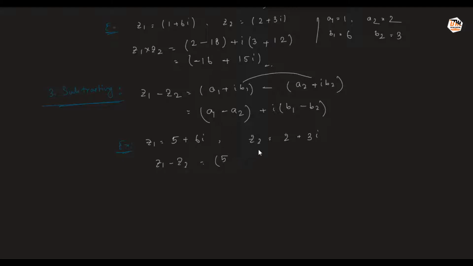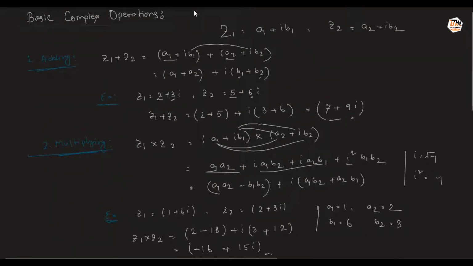Here a1 is 5 and a2 is 2, and plus we take common i here, so b1 minus b2, where b1 is 6 and b2 is 3. So this will be 3 plus 3i. So this is subtracting.